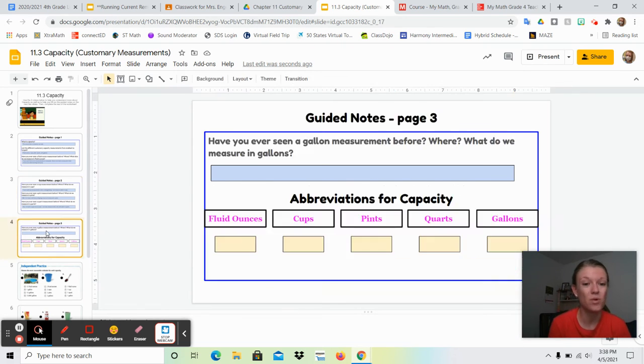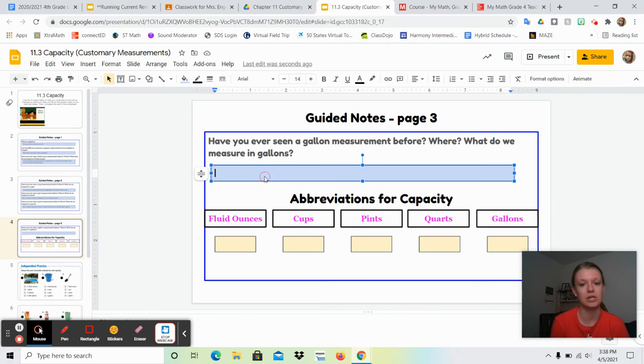Now, we're going to get to the fun one, which is a gallon. My goodness. So I can measure ice cream. What else can be measured? Milk. Water. What else is measured in a gallon? We'll just leave it at that.